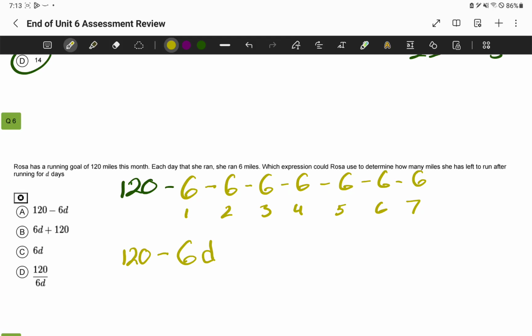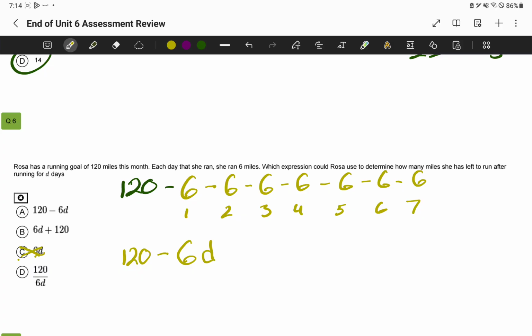Because this just tells us how many miles she ran. I shouldn't have erased that, or circled that. This one just tells us how many miles she ran after D days, but not how much she has left.